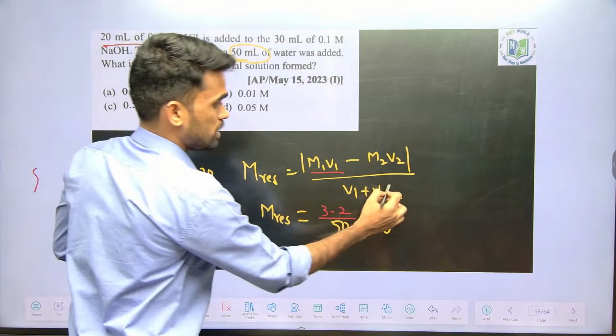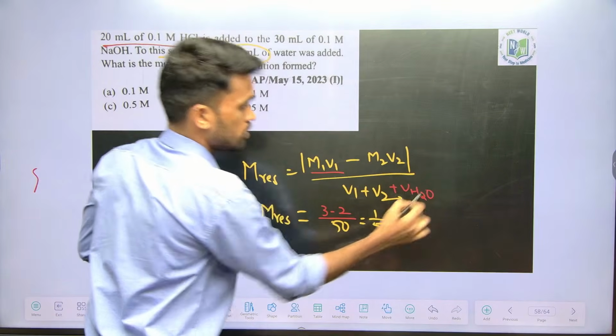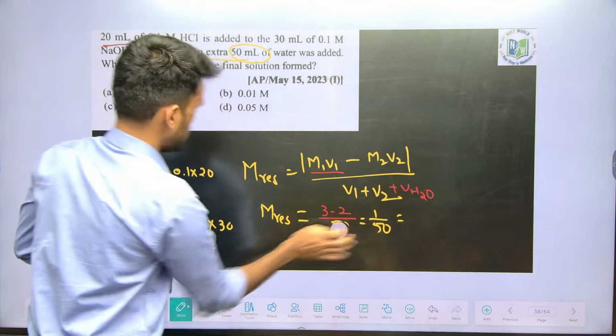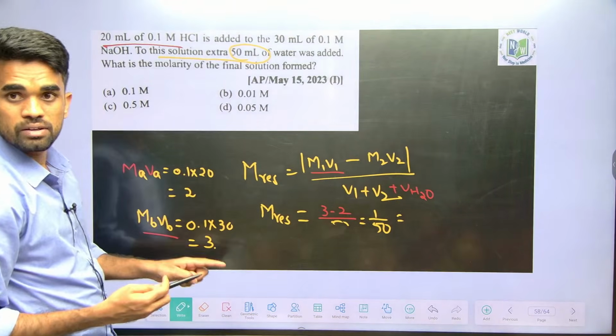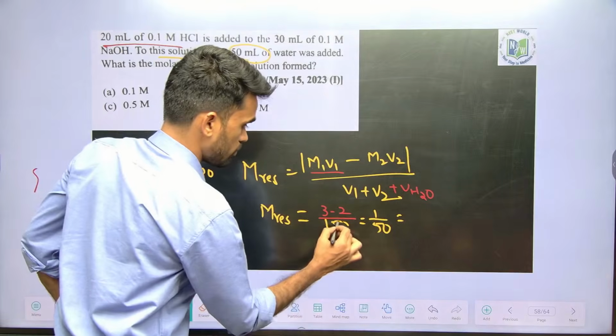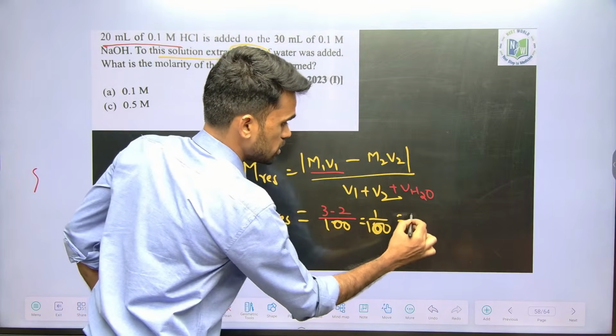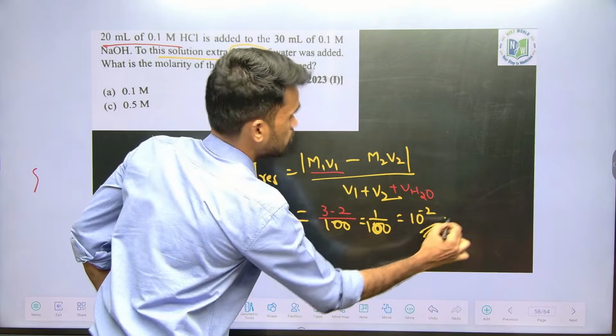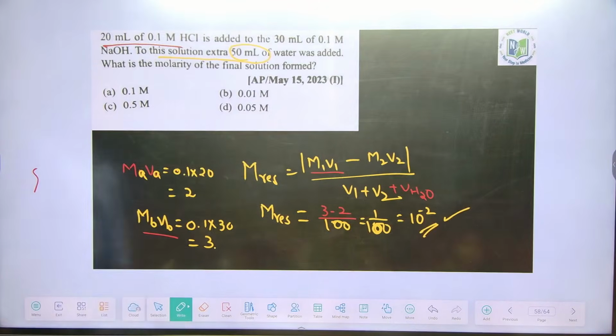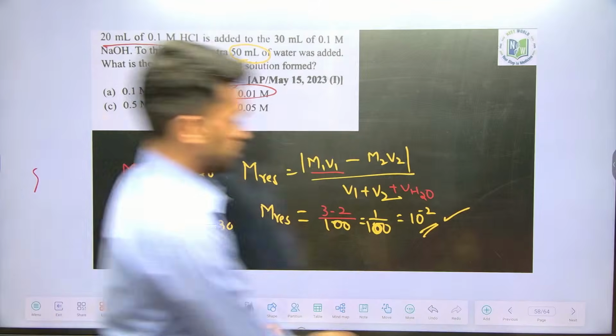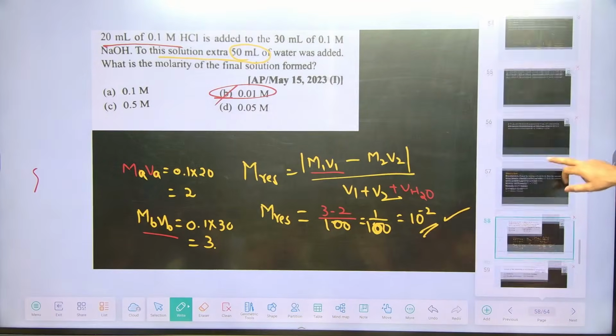So V1 plus V2 plus V H2O. So how much does it become? 20 plus 30 plus 50, 100. So 1 by 100. So this you can simply write 10 power minus 2. So which option do we have? B. This is your answer. Okay, clear? Let me check if there are any questions for you.